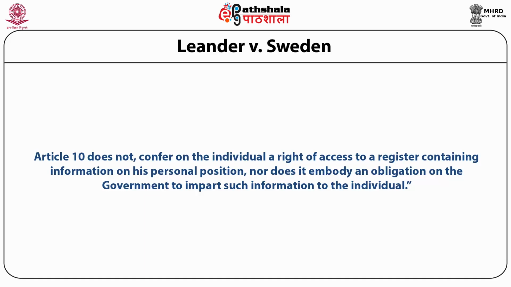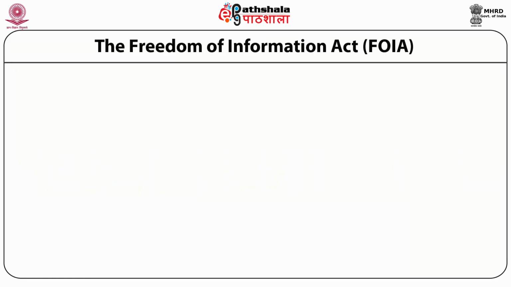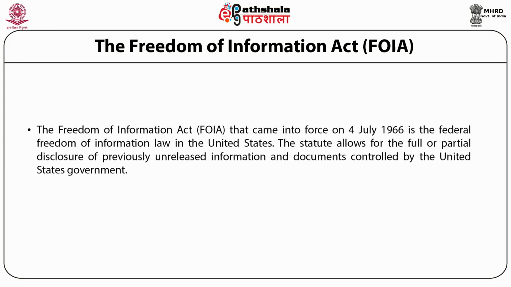Now, let's come to the landmark Freedom of Information Act in the United States of America. It came into force on Independence Day, 1966, July 4th, that is, and it is the Federal Freedom of Information Law in the United States. Those of you familiar with the structure of the United States know that there are federal laws and state laws.